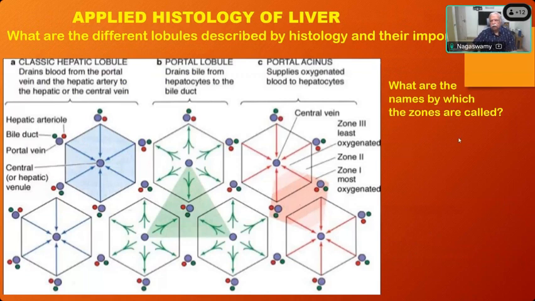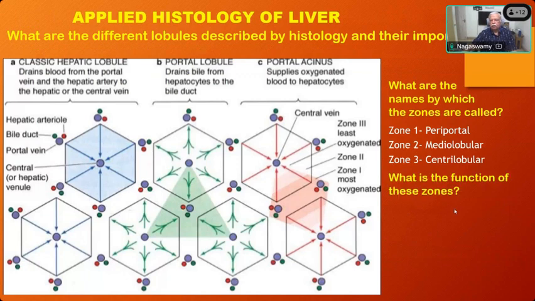Okay? And what are the names by which the zones are called? Zone 1 is called periportal because it is close to the porta hepatis. Zone 2 is called mediolobular because it is a little away from that, but it is present in the hepatic lobule. And zone 3 is called centrilobular because it is very close to the central vein.